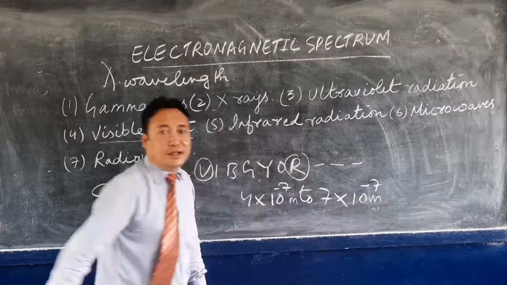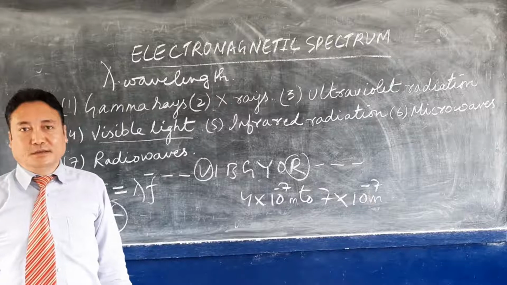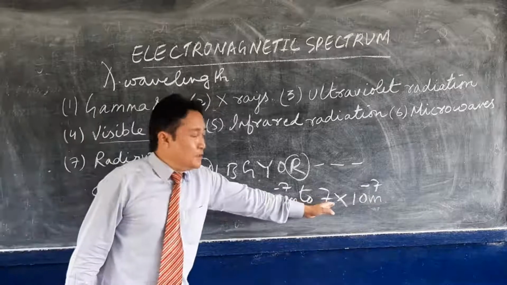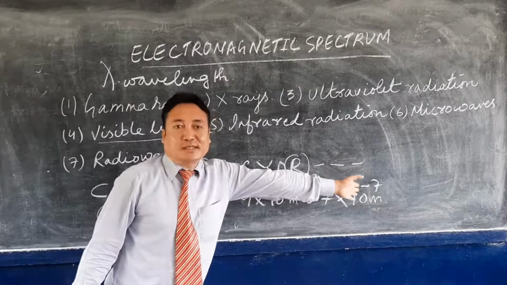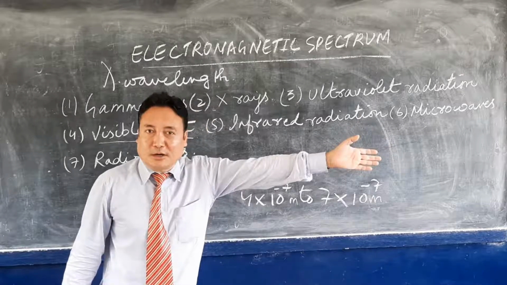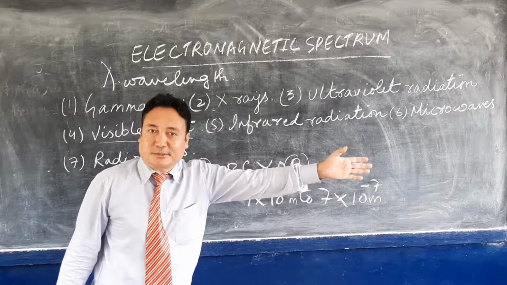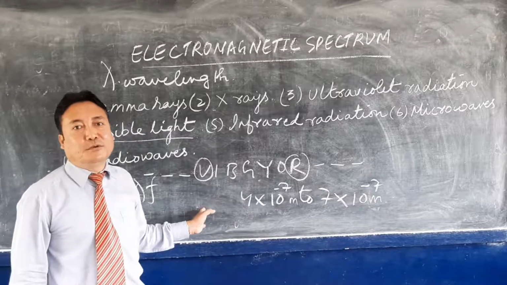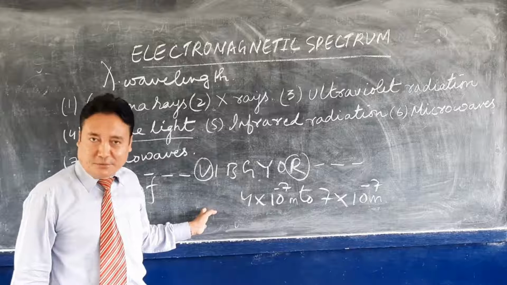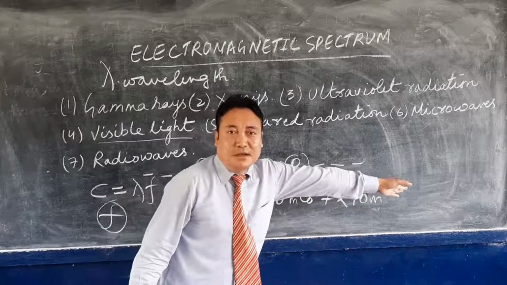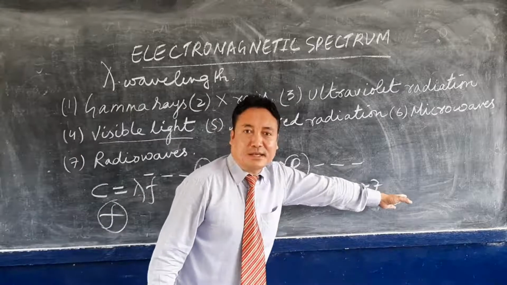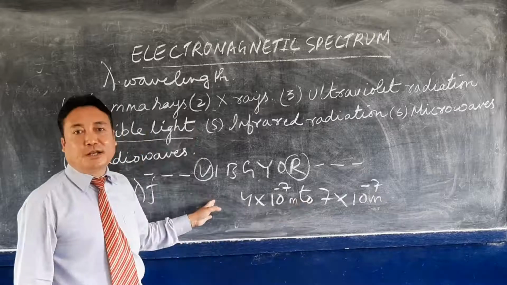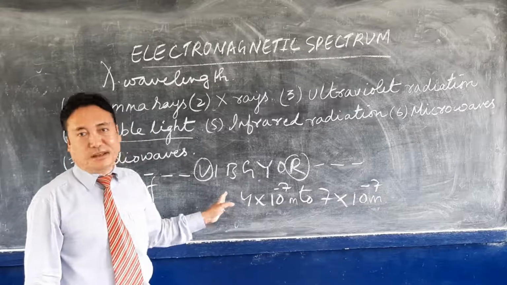Up to this wavelength our eye can detect. Beyond 7 into 10 to the power minus 7, or below 4 into 10 to the power minus 7 meter wavelength, we cannot see that.